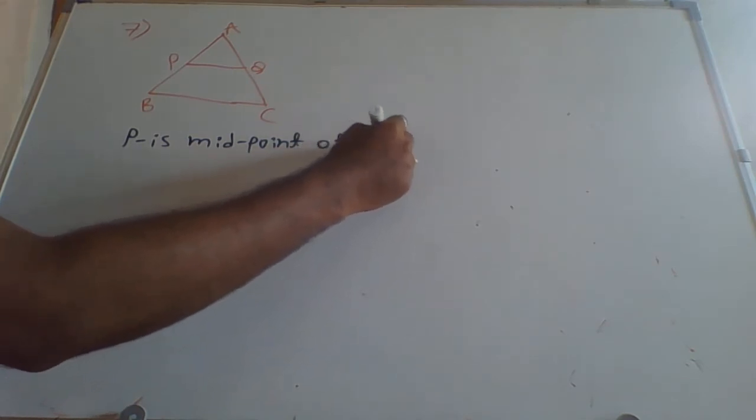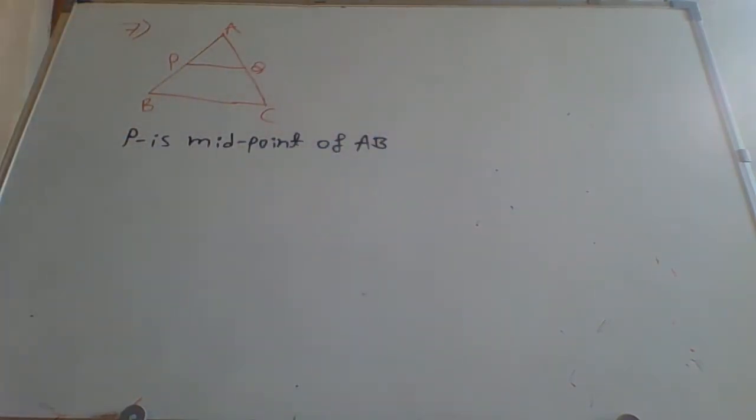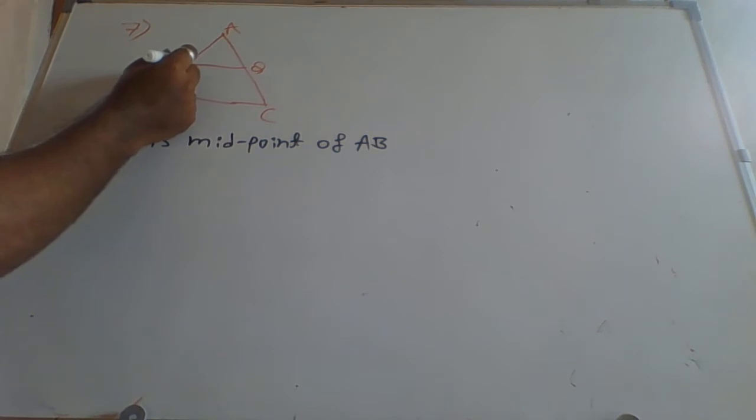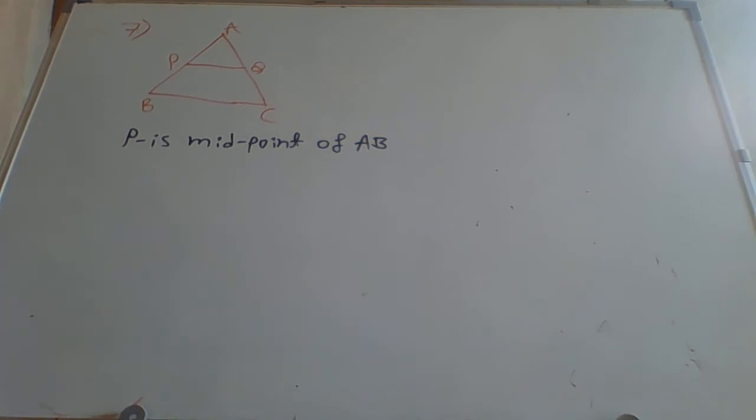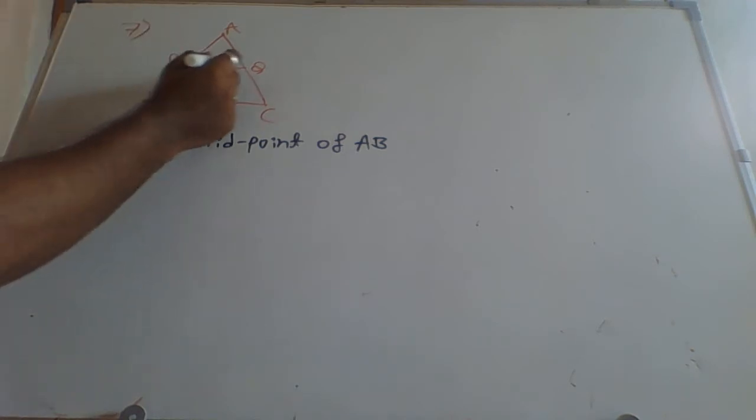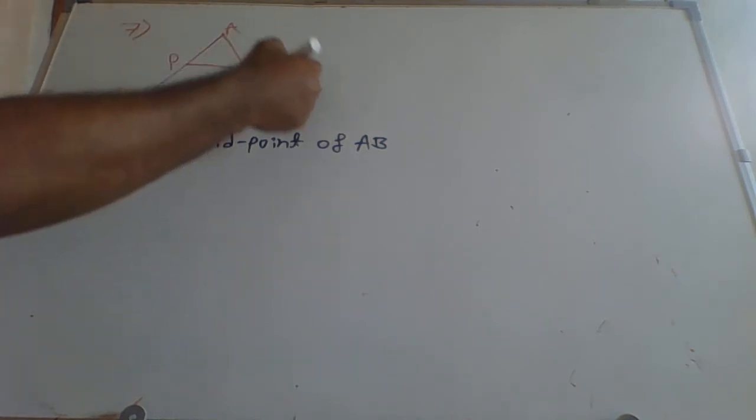P is the midpoint of side AB, because in the question they have given a line drawn through the midpoint of one side of a triangle parallel to another side, which means this PQ is drawn parallel to BC, and it bisects the third side, which means it bisects AC.